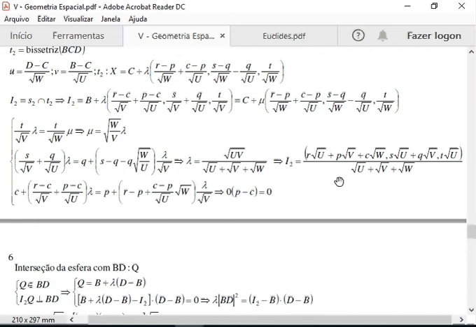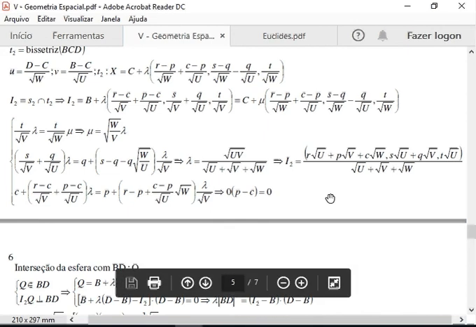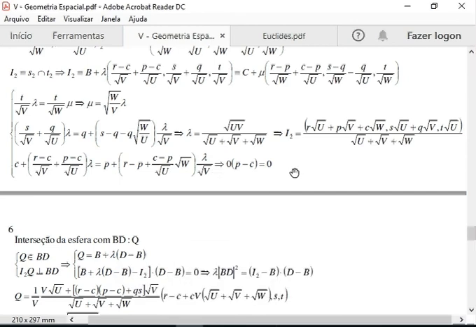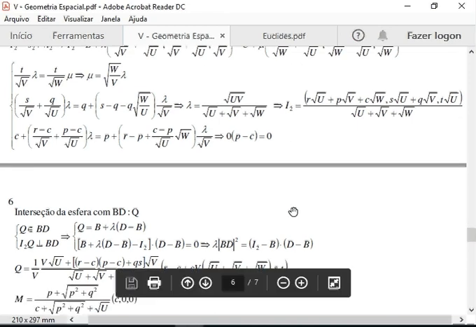We know who is lambda, we know who is mu. I2 is a function of U, V, and W, the three coordinates x, y, and z. And an identity, because we have three coordinates and two variables. That's a miracle, no?